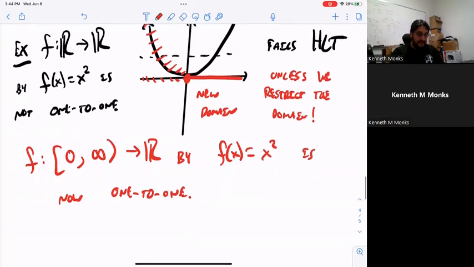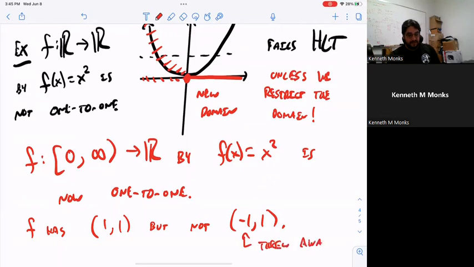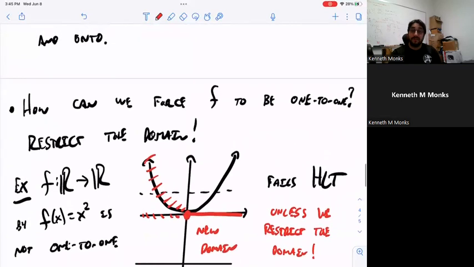And notice, now f as a relation has ordered pairs like (1, 1), but not ordered pairs like (-1, 1). (-1, 1) has been excluded from this relation because we threw away that ordered pair when we shrunk the domain, when we shrunk the first set. The set A is smaller now. It now only contains 0 to infinity and not all real numbers. So this is how you can make a function that isn't one-to-one be one-to-one by restricting the domain.